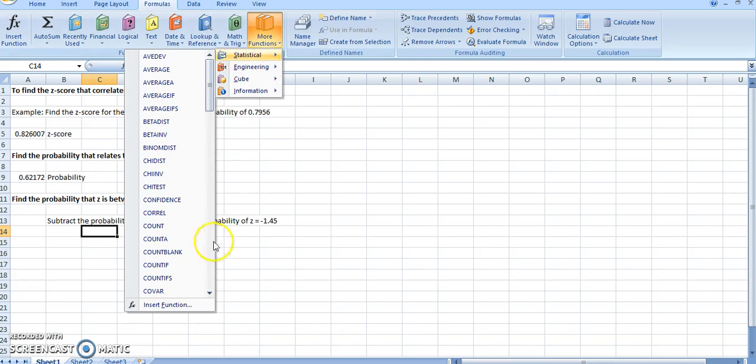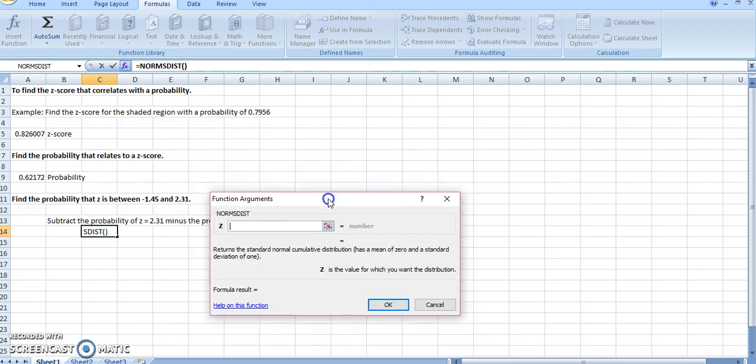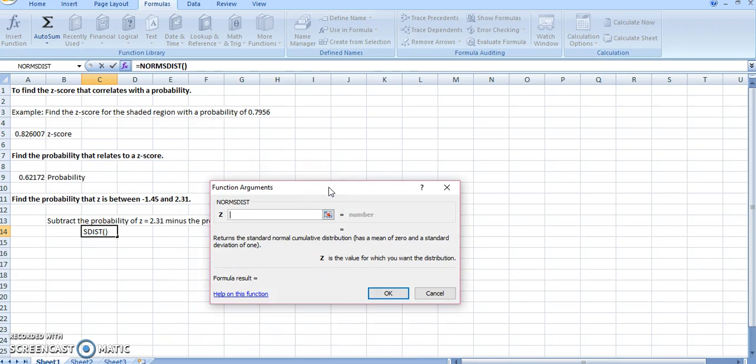So we go to statistical. It's norm S again because it's a standard normal. My z was 2.31.